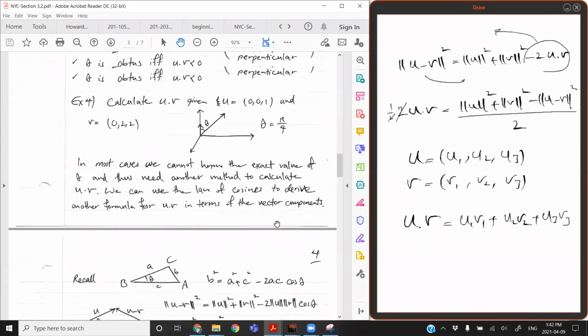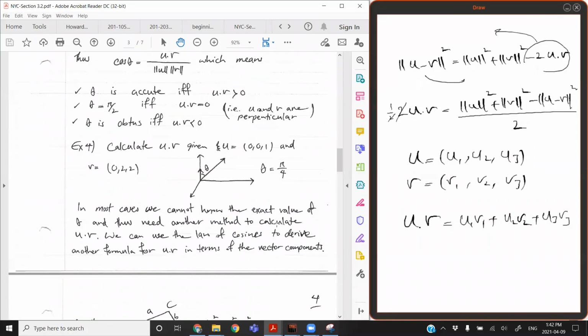If we go back to the previous example, we thought of the angle between u and v, found the angle to be 45 degrees, calculated the dot product, and found it to be 2. However, if we use this formula, we would get the same answer much more quickly.